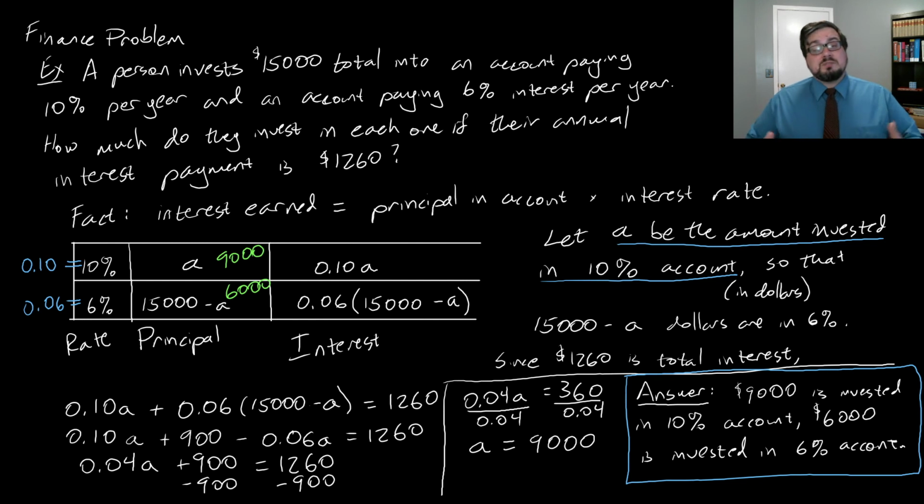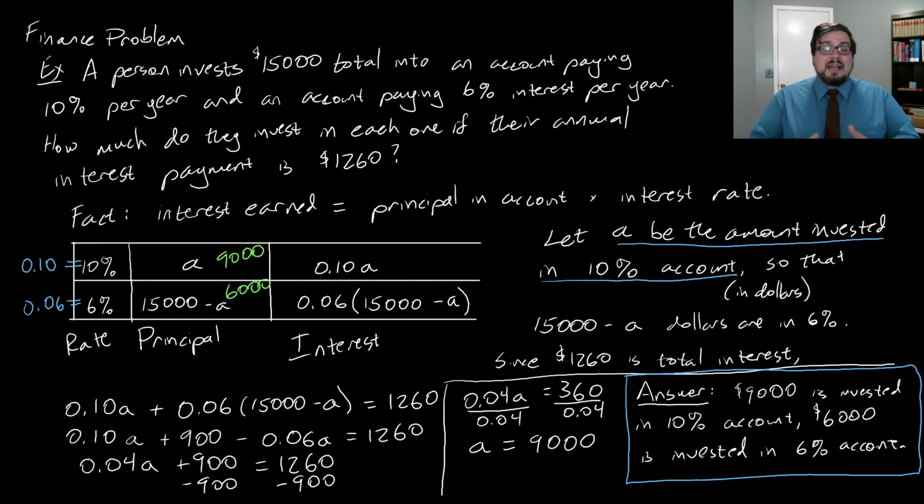For instance, in this problem, if we had worked out that A was just equal to 9 instead of 9,000, meaning that this person has $9 invested in the 10% account and $14,991 invested in the other account, that would be a little bit suspicious. That would be a little bit strange, odd for a real life situation to be in.